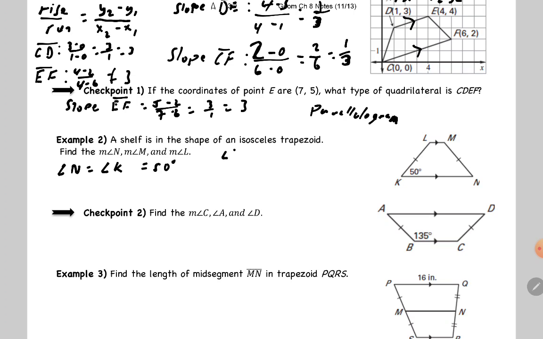So angle L plus angle K, for example, is equal to 180. So angle L plus 50 is 180. So angle L is 130. And that also means angle M is also 130.